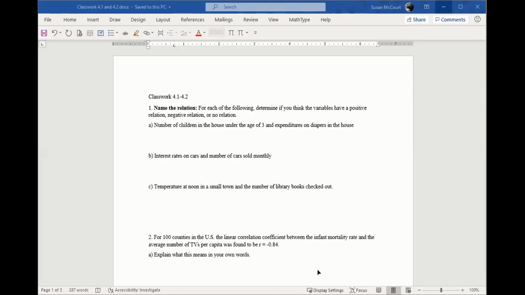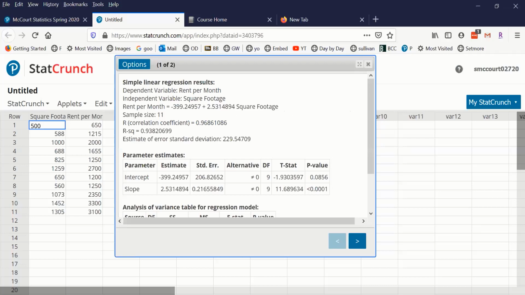Okay, so then it asks to find the least squares regression line. Find the least squares regression line. So going back to StatCrunch, my least squares regression line, there we go. Can you see it now? Yeah. Okay. My least squares regression line is here. Is this still question 3?